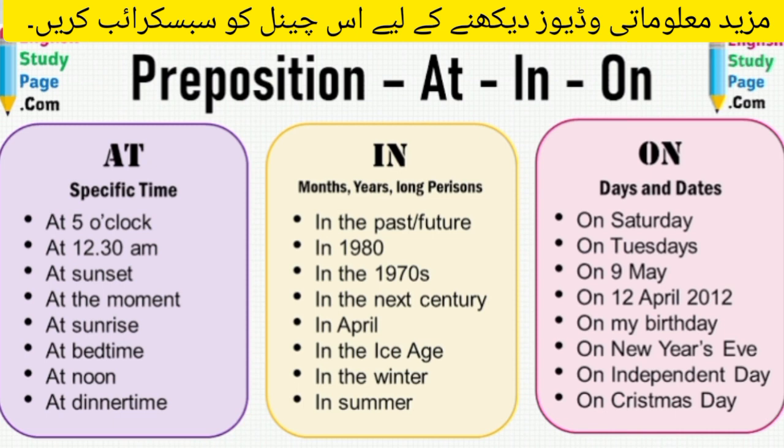Now, prepositions are often just very small, short words like in, at, on, by, for, etc. But they cause lots and lots of problems. When do I use them? When do I not? When do I use in, on, or at? So hopefully this will give you some help, some indication and guidance as to when and how to use them correctly.